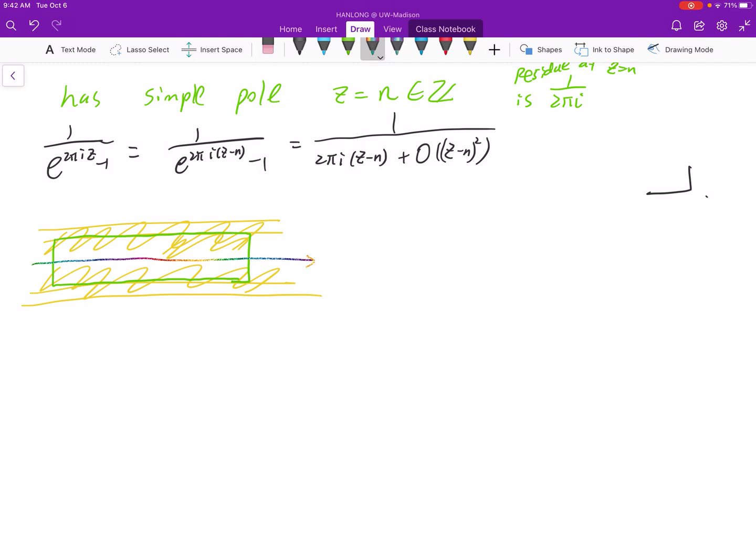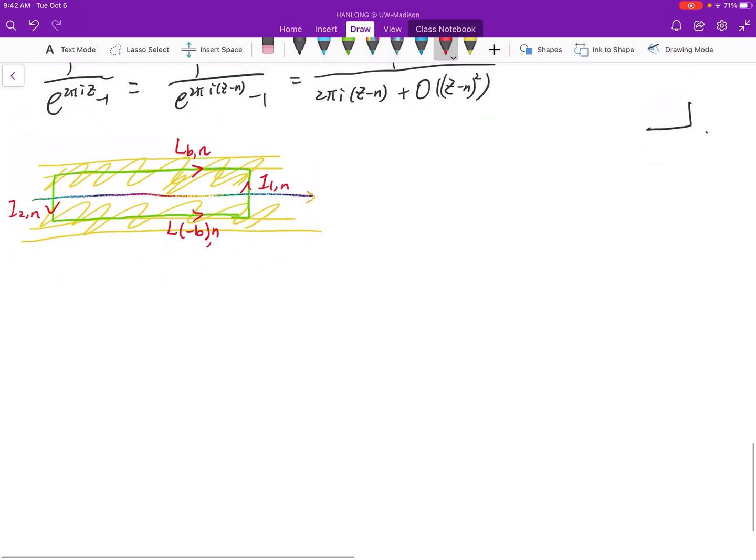For the vertical sides, let's call them I1n and I2n, and the horizontal sides, let's call them L minus b n, and above you have L b n.